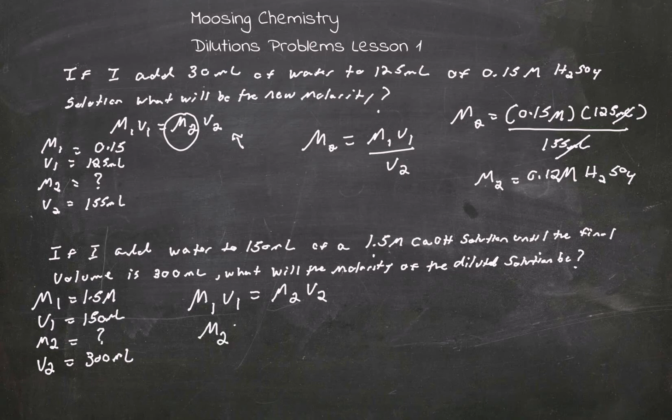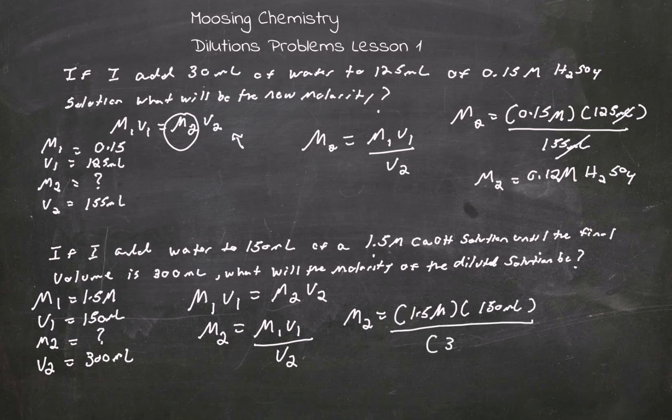So M2 equals M1V1 over V2. So M2 equals 1.5 M times our V1, 150 milliliters, divided by 300 milliliters.